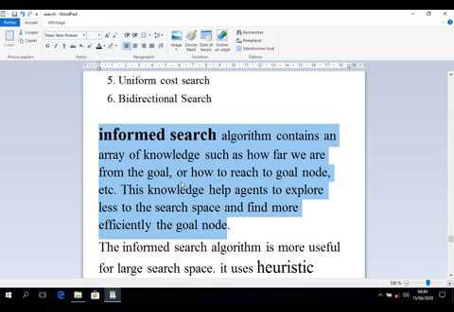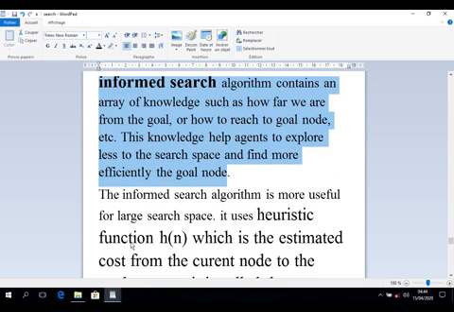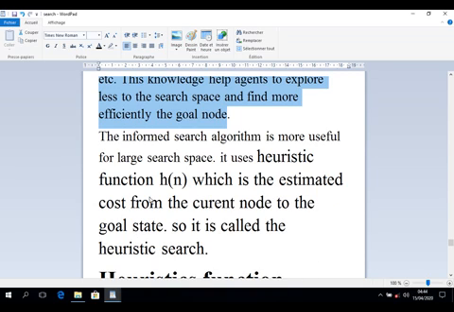So in the informed search, you have additional information on how to get to the goal. So it is different from the blind search, where you don't have any information. The only thing you know is your search control strategy. But in this informed search, you have the search control strategy, but you also have the knowledge on how to get to the goal.